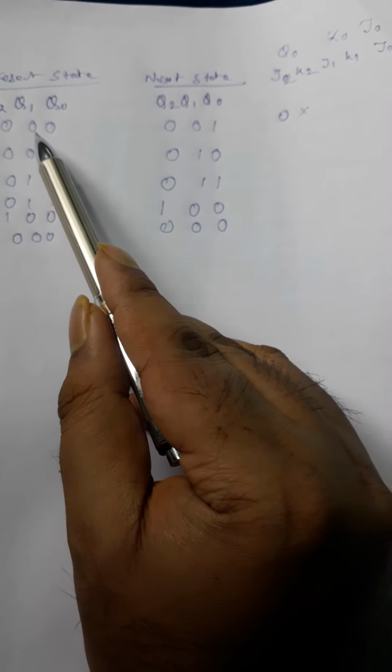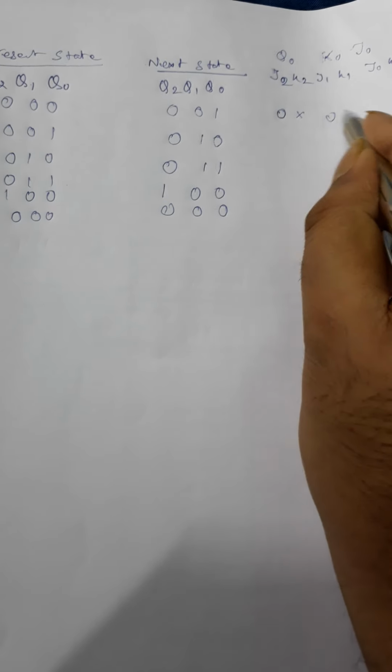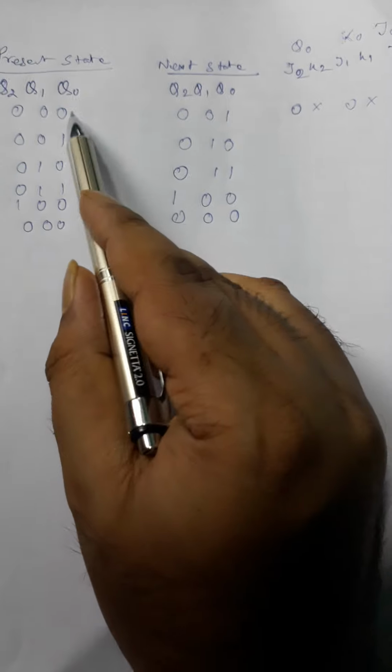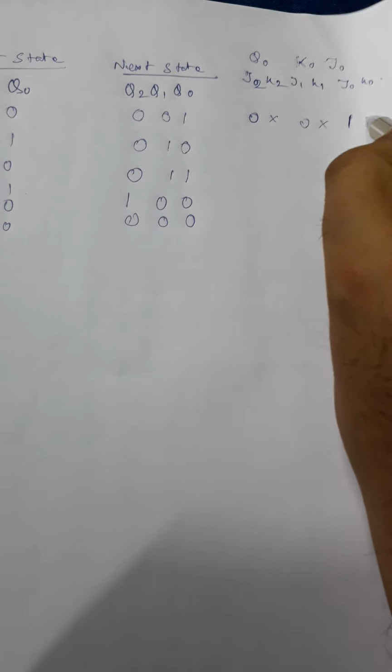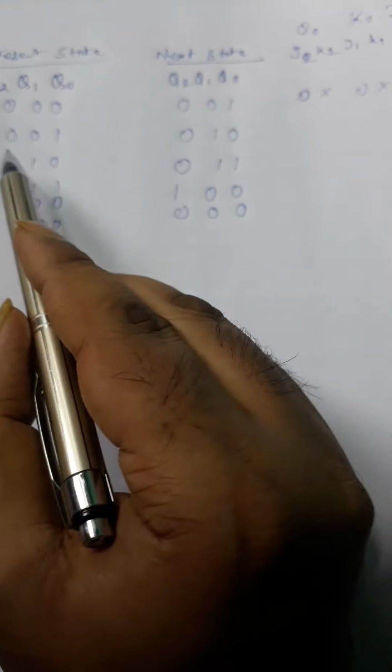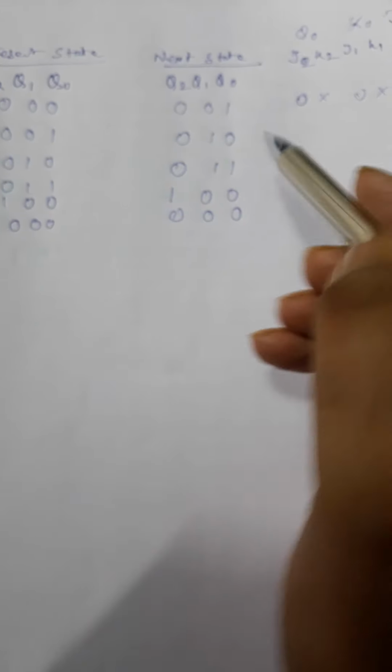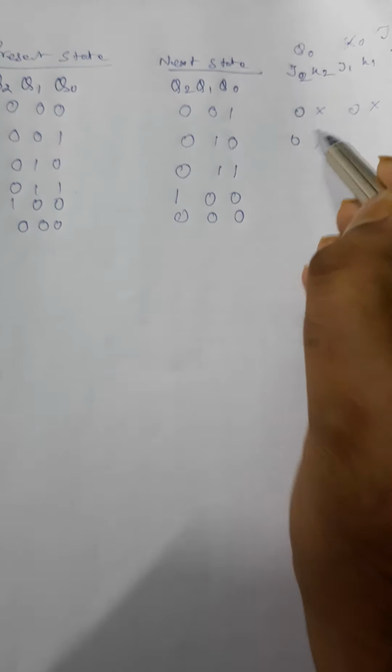Then Q1 changing from 0 to 0 again: J 0, K don't care. And Q0 changes from 0 to 1, so it will be J 1, K don't care. Now again 0 to 0: 0, don't care. Then 0 to 1: 1, don't care.